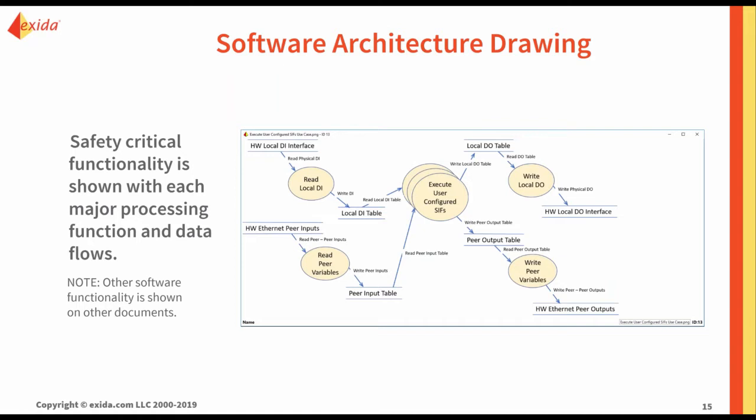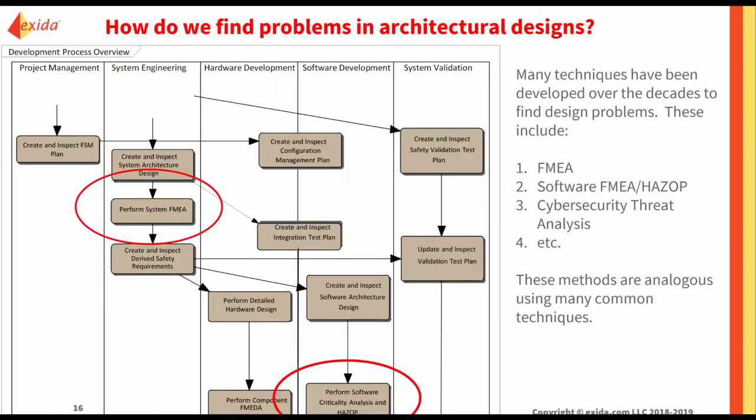We may be also reading peer variables and writing peer variables, sharing safety critical information with other controllers. Our job is to figure out, are there any design mistakes or errors of omission? Well, how do you do that? Let's think about that for just a minute.